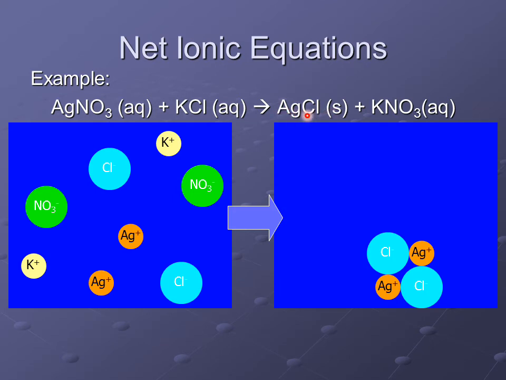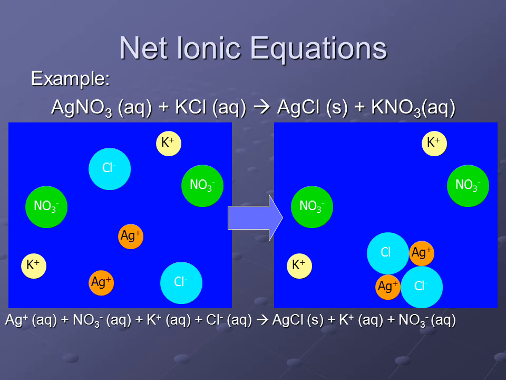And since silver chloride is a solid ionic compound, it forms a crystal lattice. We also end up with potassium ions and nitrate ions. Now, potassium nitrate is soluble, and so it's going to remain dissociated.